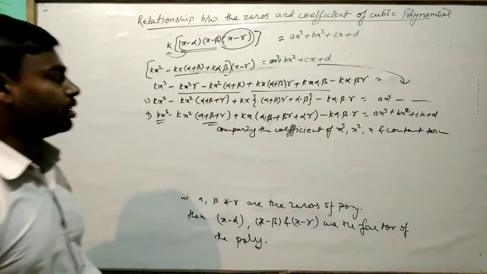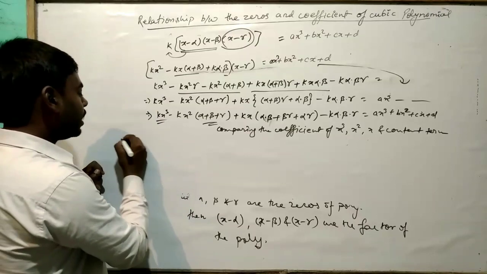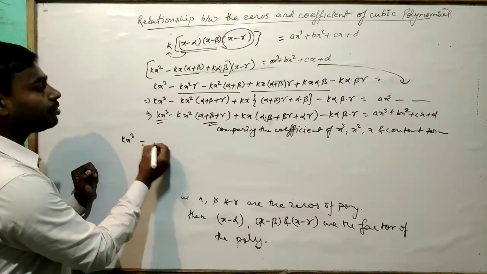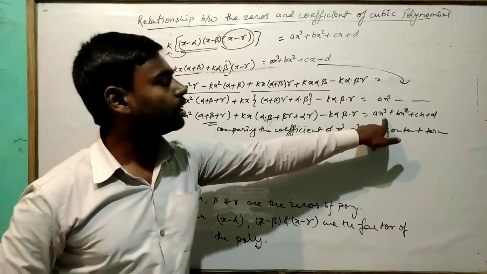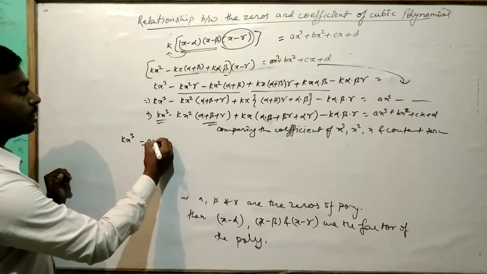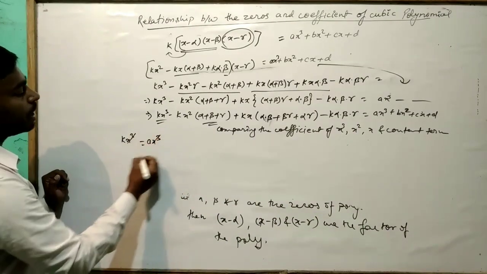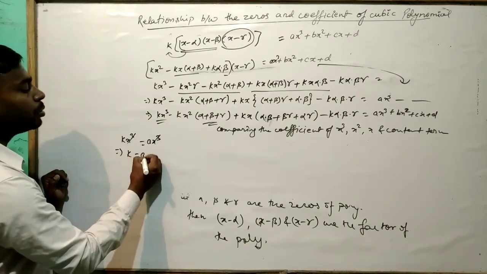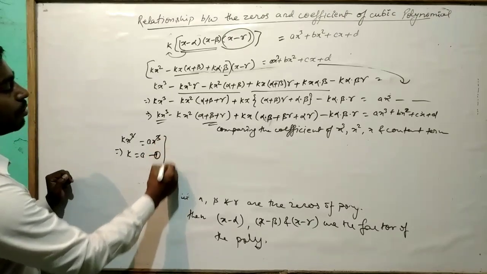Then we get kx cube equal to ax cube, so k is equal to a, that is equation first.